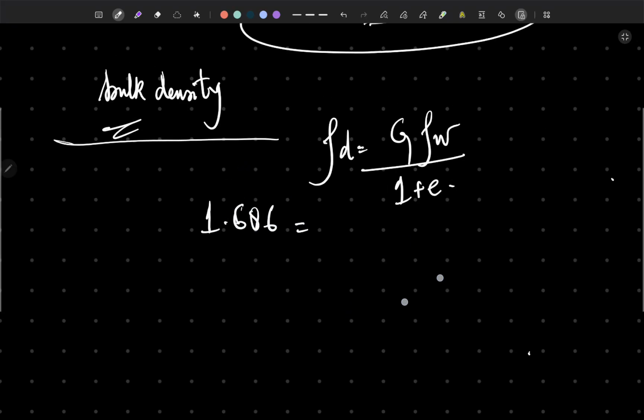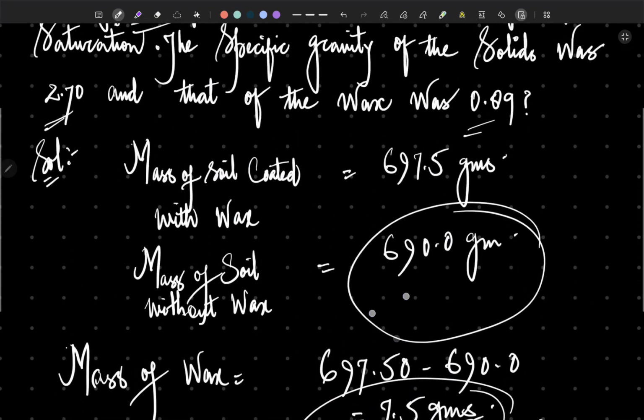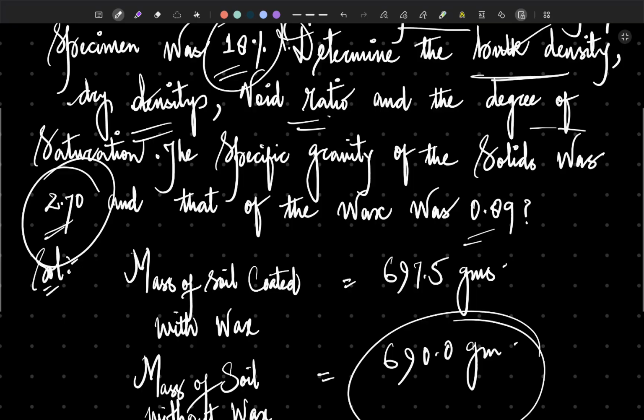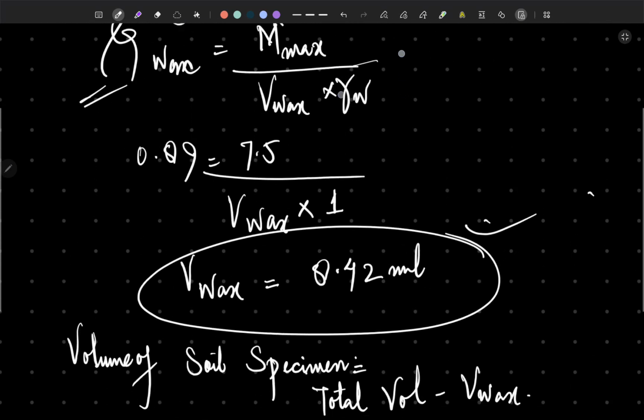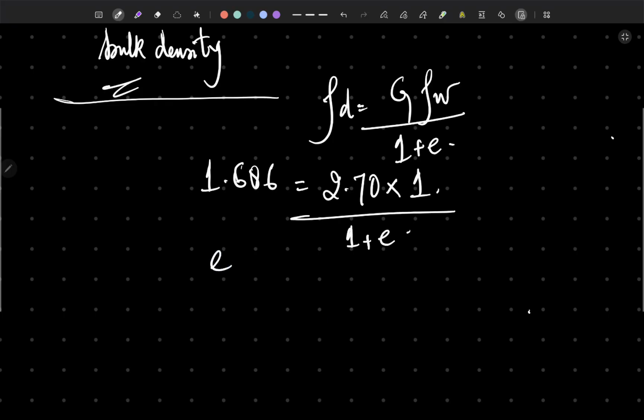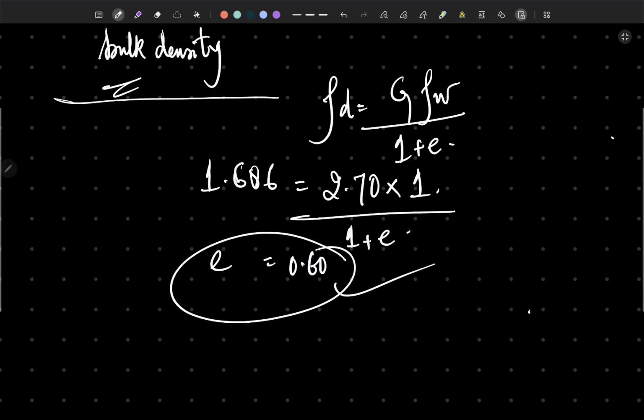Specific gravity of the soil, not of the wax, is 2.70, the specific gravity of the solids. Density of water is 1 gram per milliliter. By calculation, e is equal to 0.60. We found the void ratio.